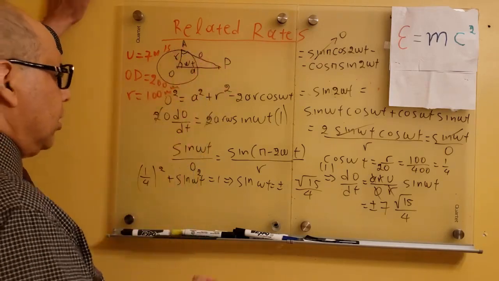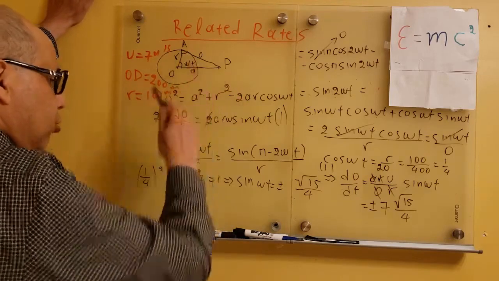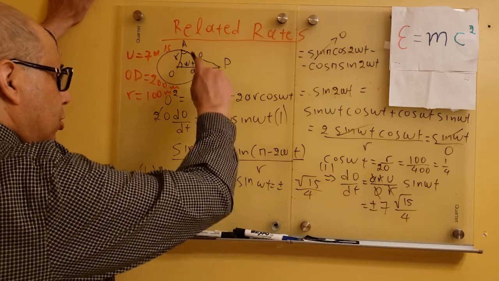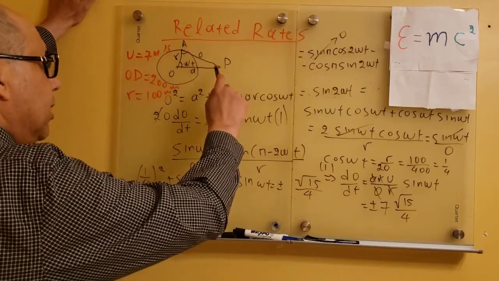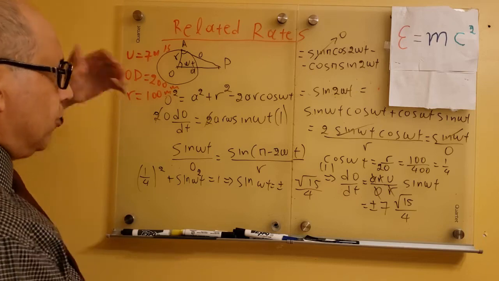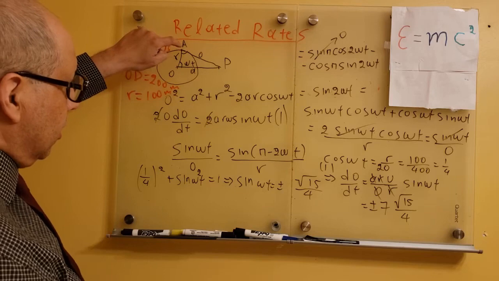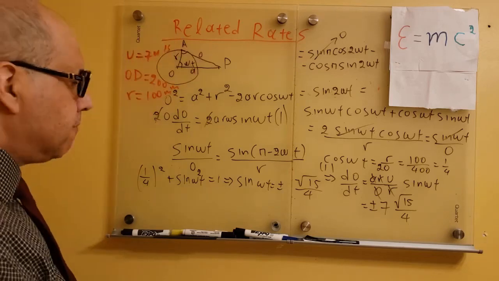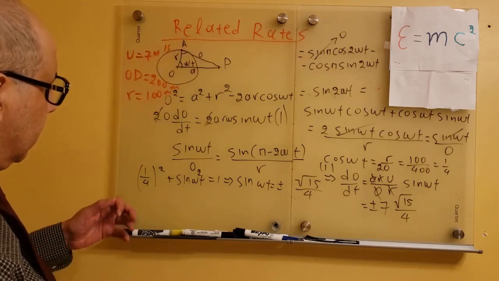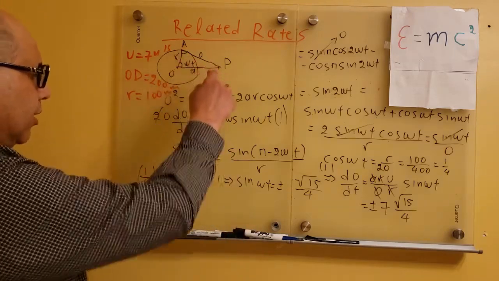Before I continue, this triangle here is an isosceles triangle. Why is it isosceles? Because both AP and PO are equal. We want to find when AP is 200. So now we apply the sine law in this triangle.